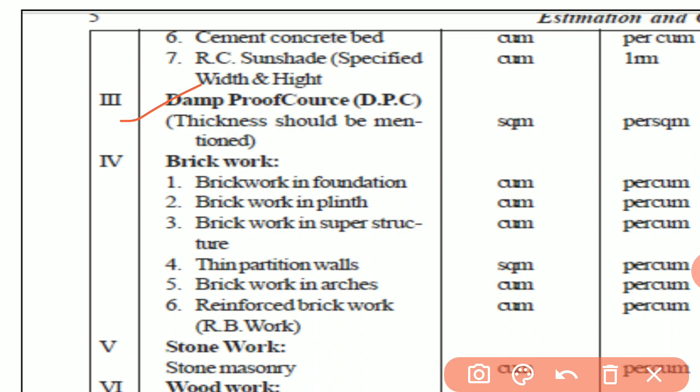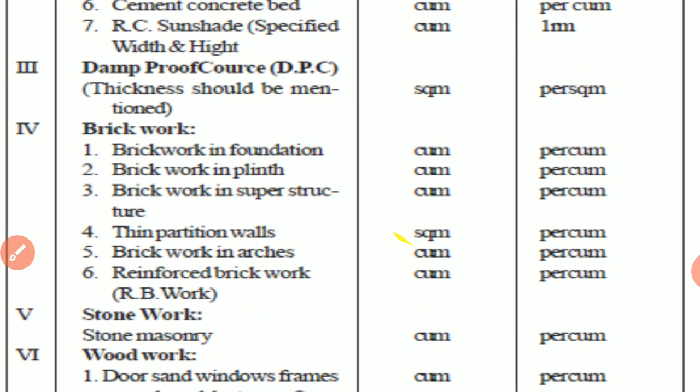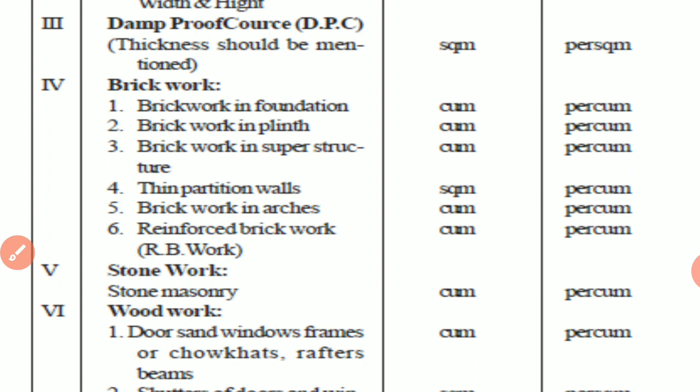Then the next one is brickwork. Now brickwork in foundation. See here, brickwork has all the three dimensions. Just imagine a wall in front of your mind. The wall has all the three dimensions, right? It has a width of 0.23 m or 0.3 m in case of a load bearing structure.